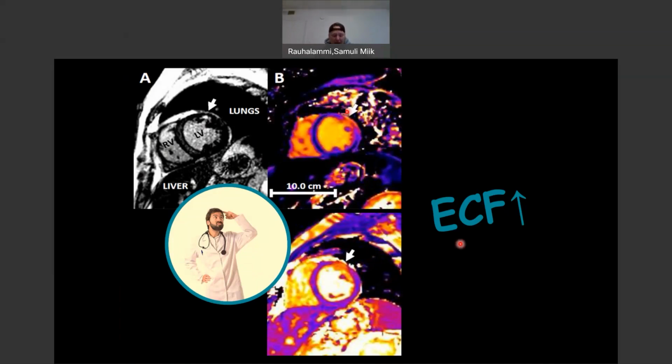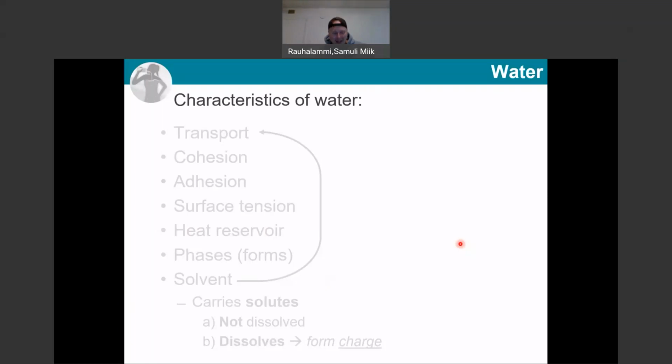So as I said, I would never ask you to be able to repeat or recite this story in an exam. I just simply wanted to show you that ECF measure does matter in a clinical practice.